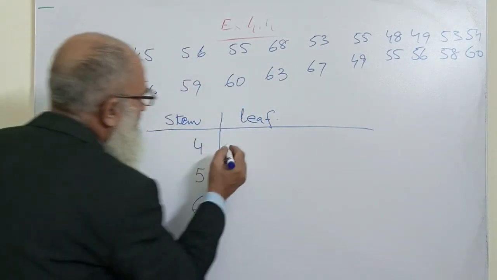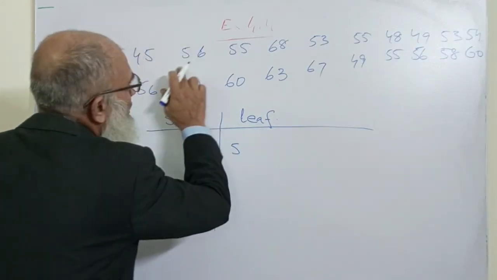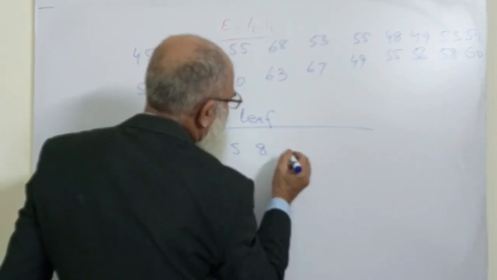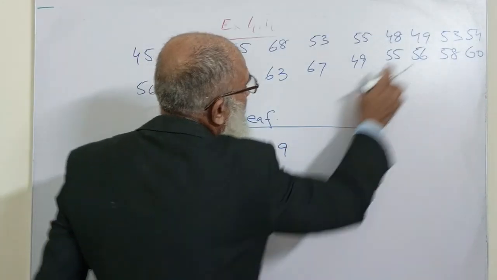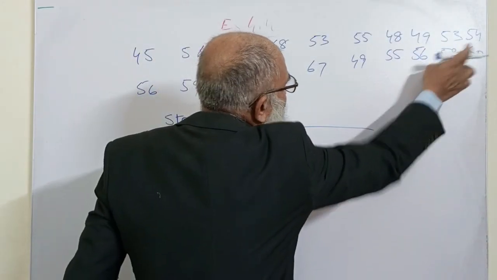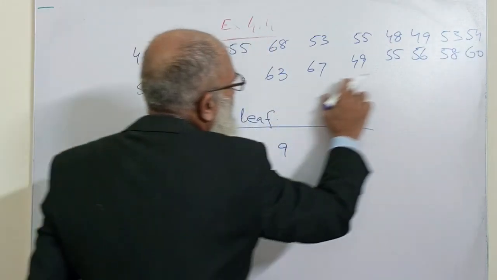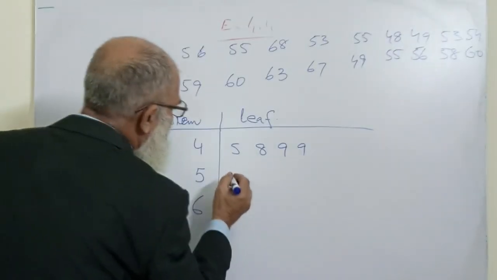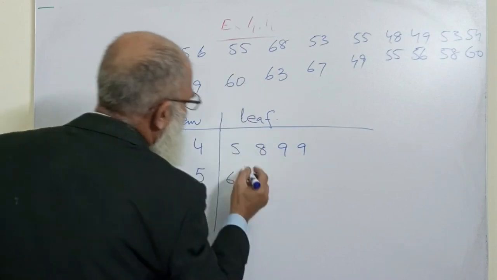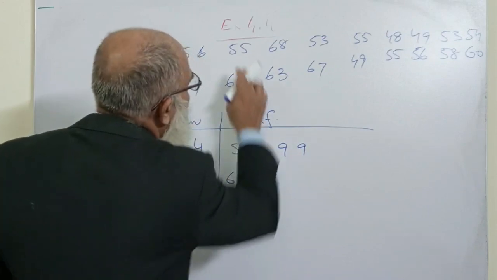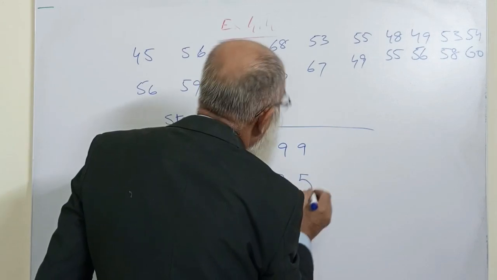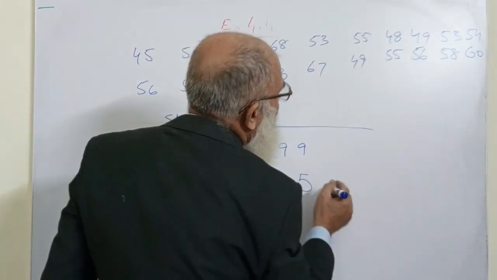Now the first one is 5. Proceed: 8, 9, 8, 9 and again 9. Then 5, 6, 5, 3, 5, 3, 5, 3, 4.